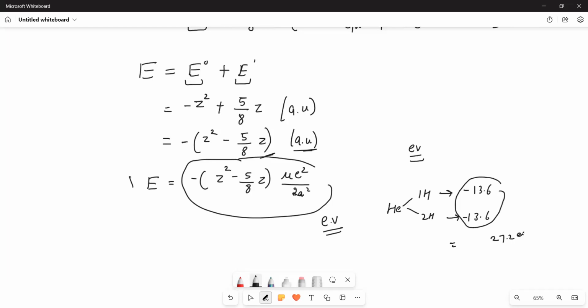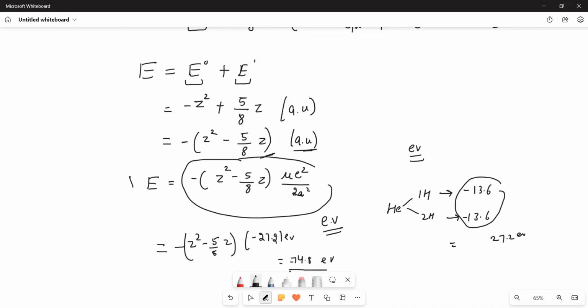So we multiply by this factor minus Z square, because energy depends on charges also, into minus 27.2 electron volt. You can solve it, and you will get that this energy is something like minus 74.8 electron volt.